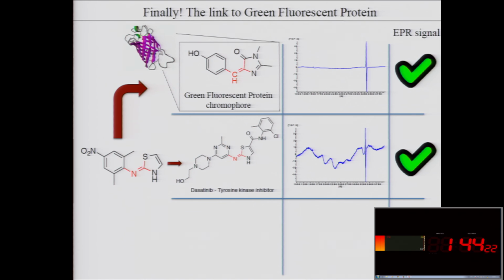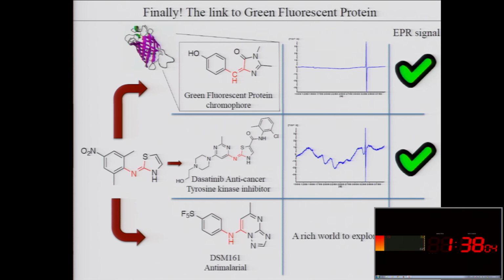And here you see this very characteristic signal of a radical. And not only this, we have also found this structural pattern in other families of molecules, such as a broad family of anti-malarial drugs, and also in some neurokinase inhibitors that are related to neurodegenerative processes.